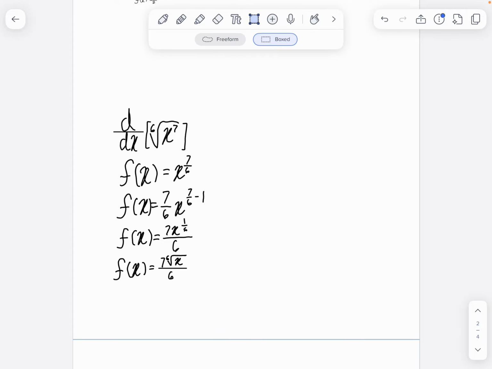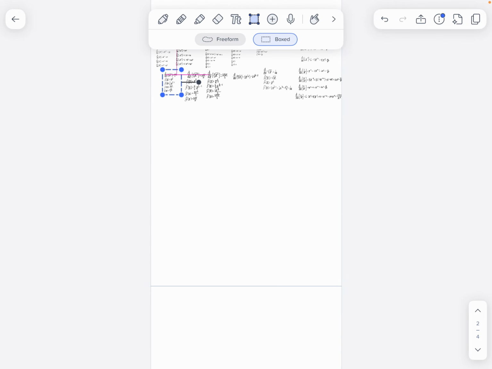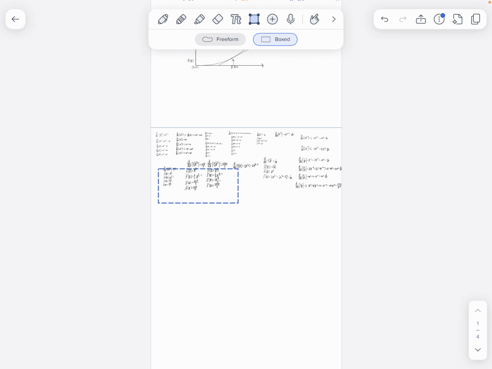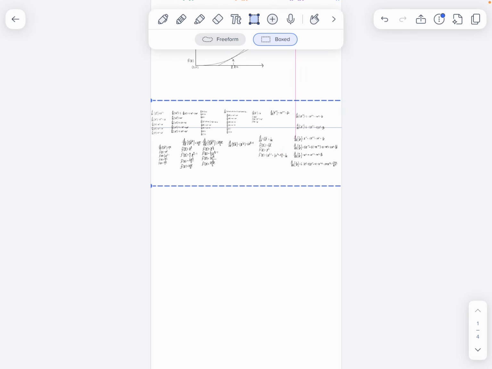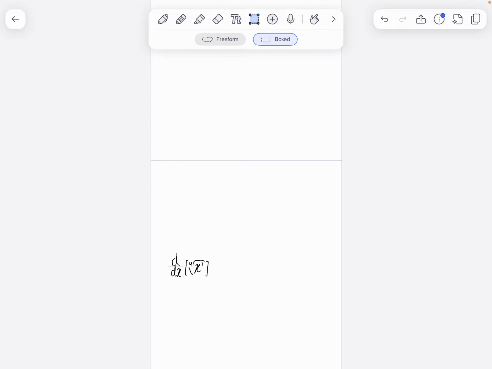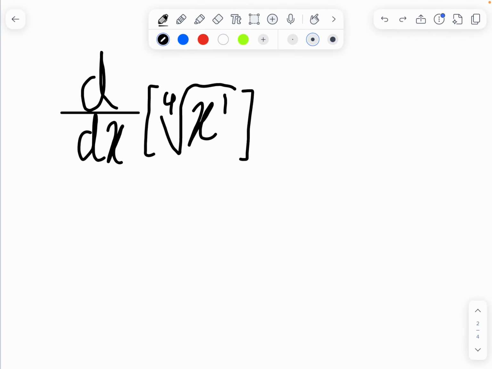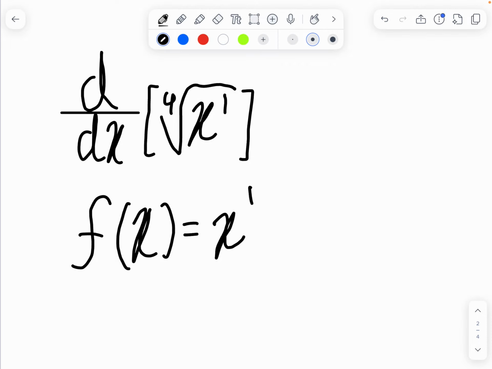Yeah, and this is our answer. And for our final one, f of x equals x to the power of 1 over 4.